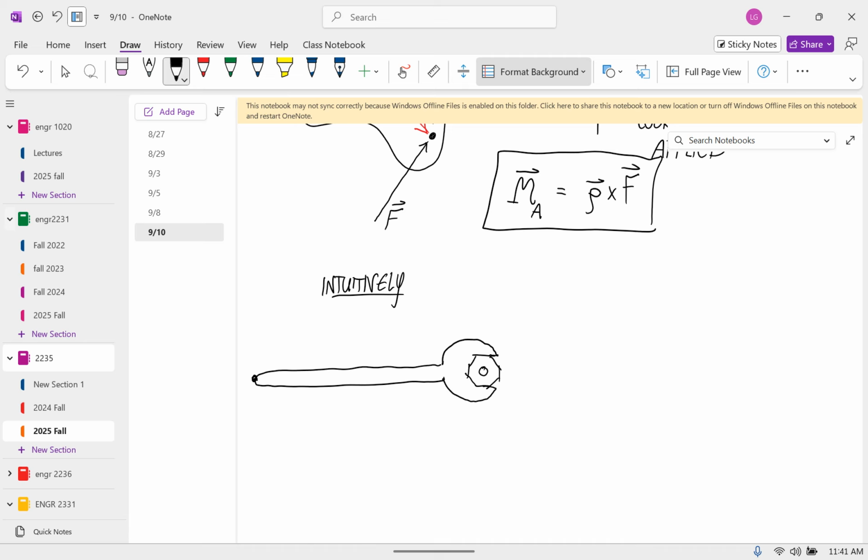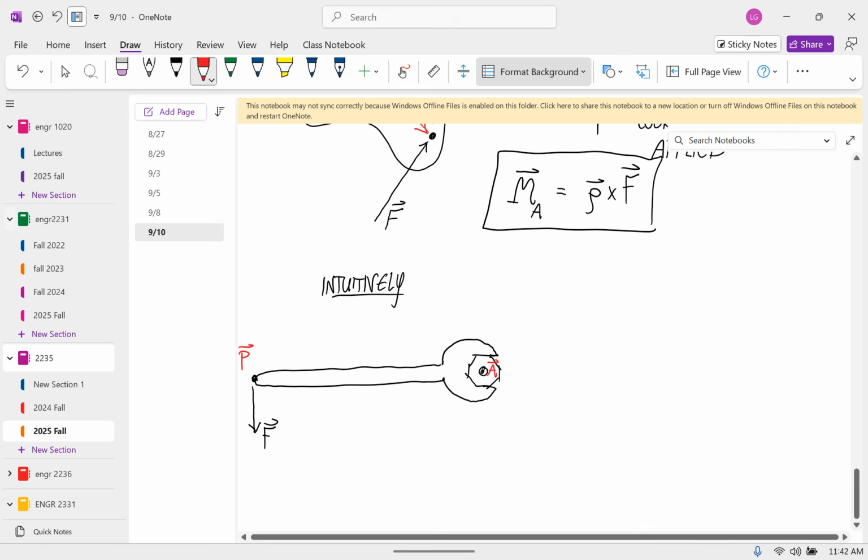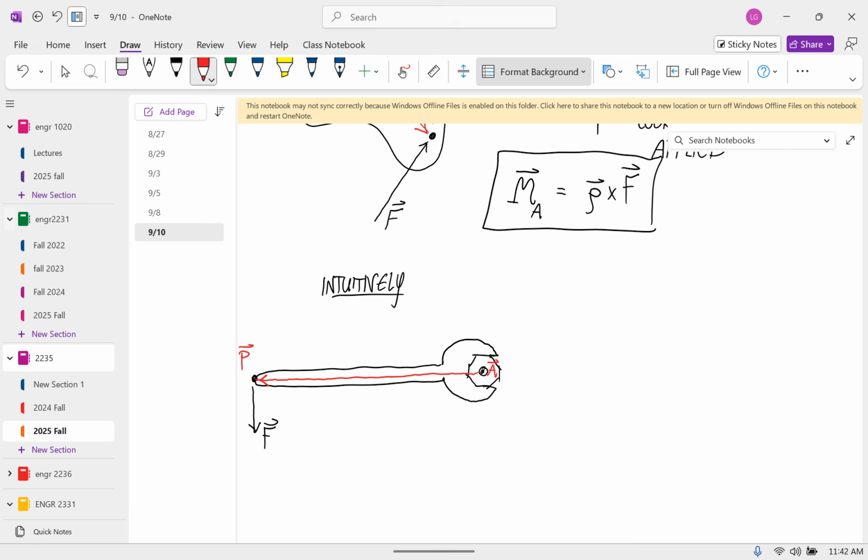So you're going to apply a force like this. The about point is over here. This is P. And so the rho vector goes to P from A.